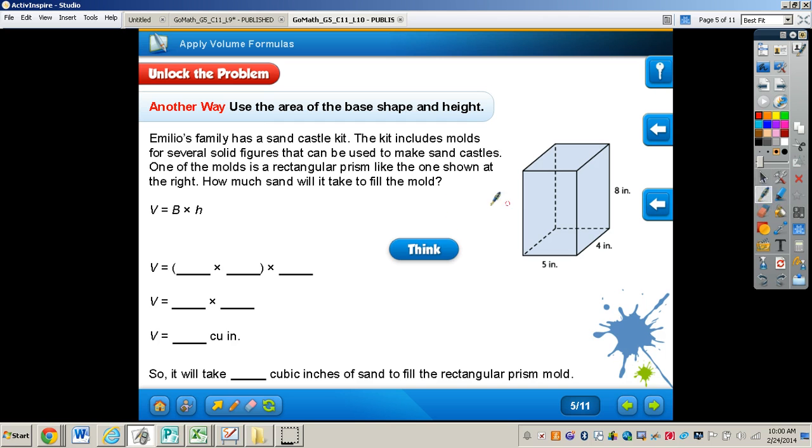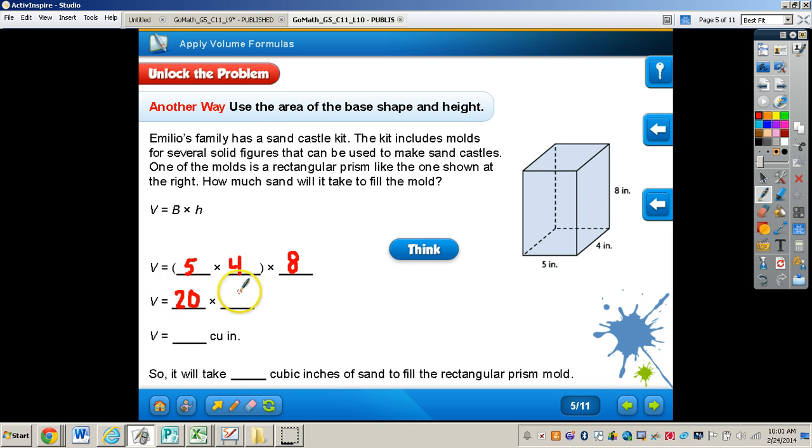So we can see that the volume is the length and the width times the height. 5 times 4, that's what we're going to write in right here. So V equals base area times height. 5 times 4 is going to give us our base area, times our height, which we can see is 8. The first step is multiplying to figure out the base area, 5 times 4, the length and the width, and that gives us 20.